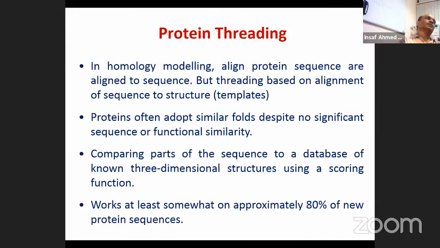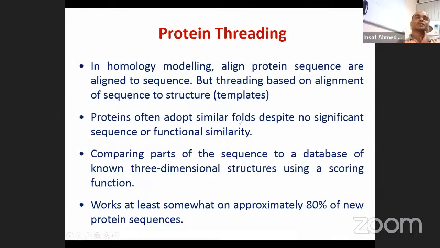Threading is a method where, in homology modeling, you always look for sequence identity, but here you look for structure alignment. Because when any protein makes a fold, it adopts similar folds despite having no significant sequence or functional similarity.